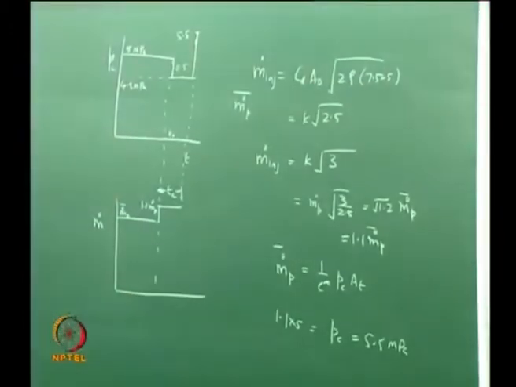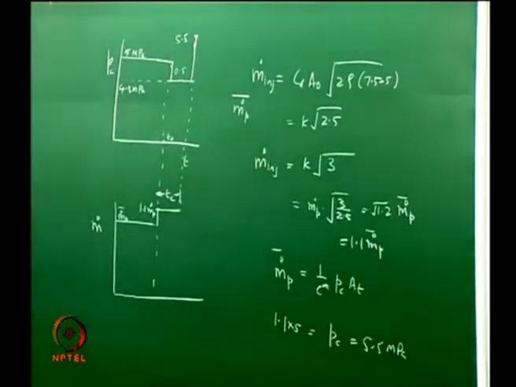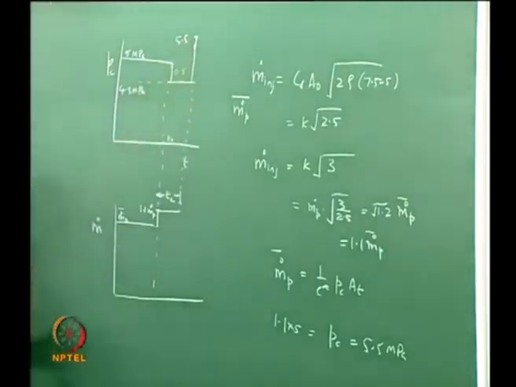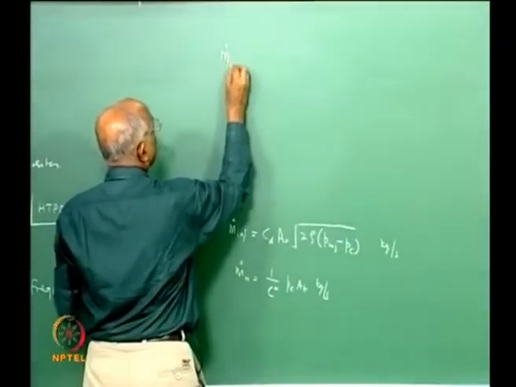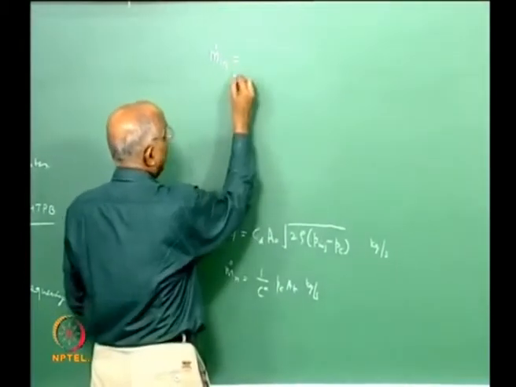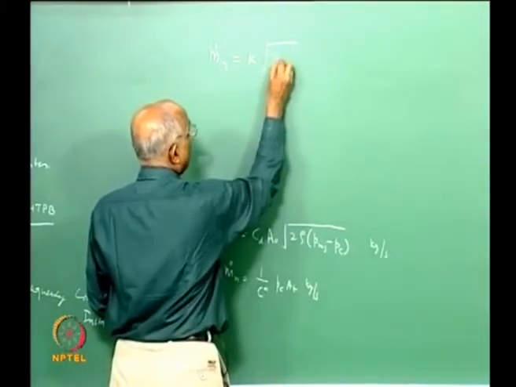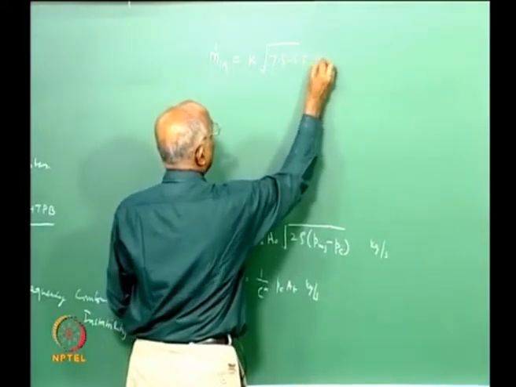What is the implication? At this point, when the chamber pressure is 5.5, the mass injected is K into the root of the supply pressure, still 7.5, minus 5.5, which is K root 2.